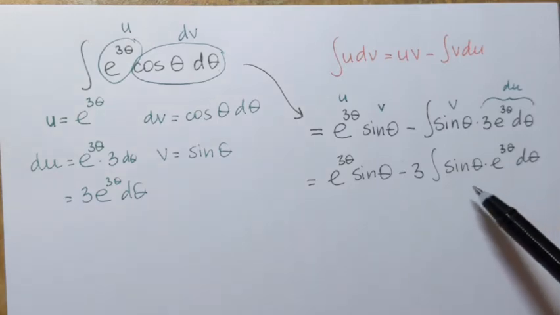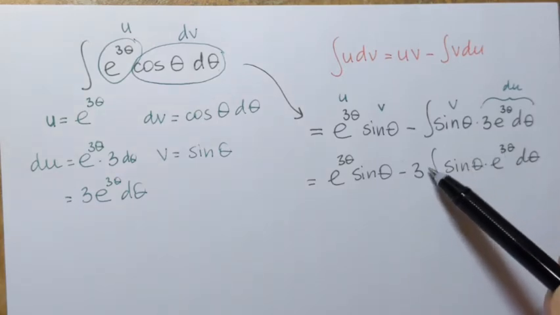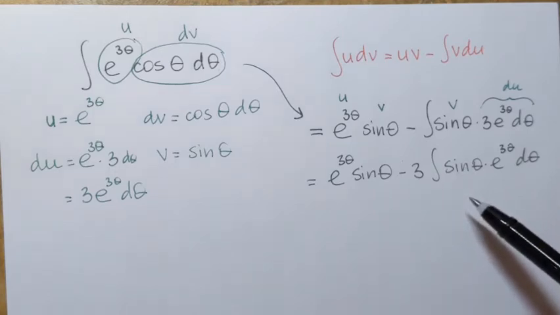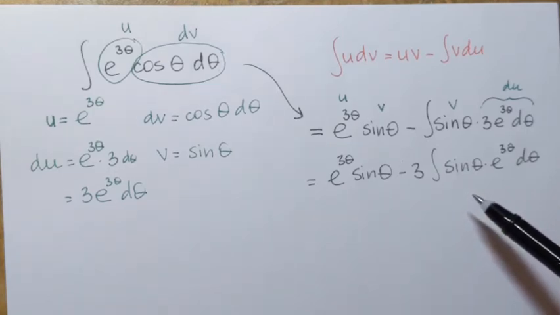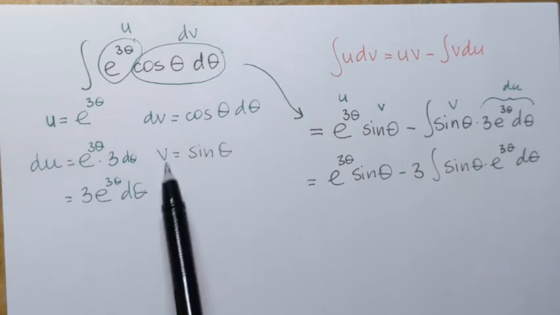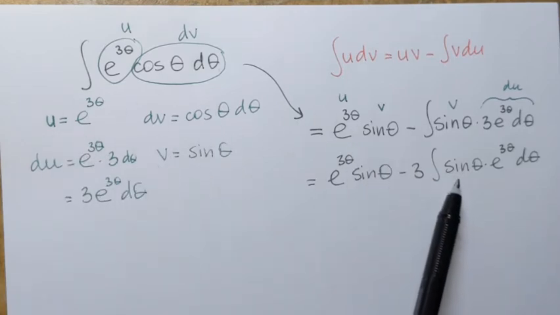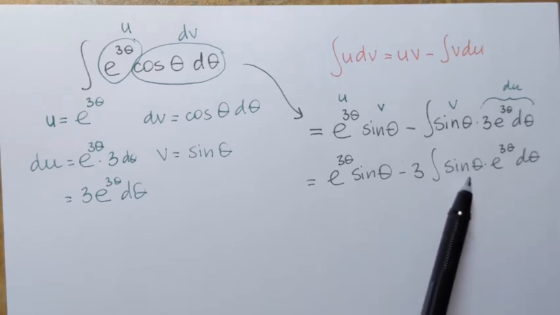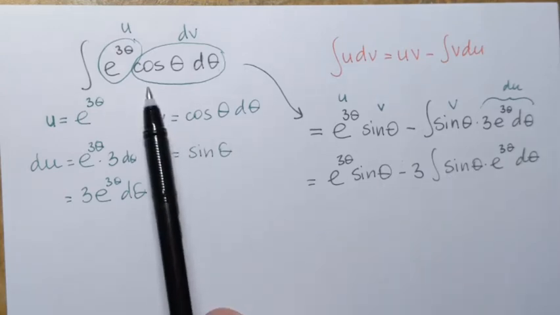Now let's think. Our next goal is to evaluate this integral, and a lot of times we want to ask ourselves if things got any better compared to the original. As we investigate this integral, we notice that compared to our original one it's almost the same.